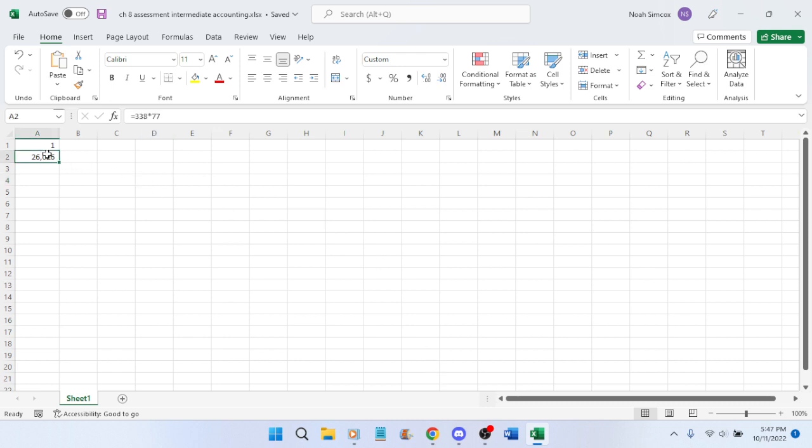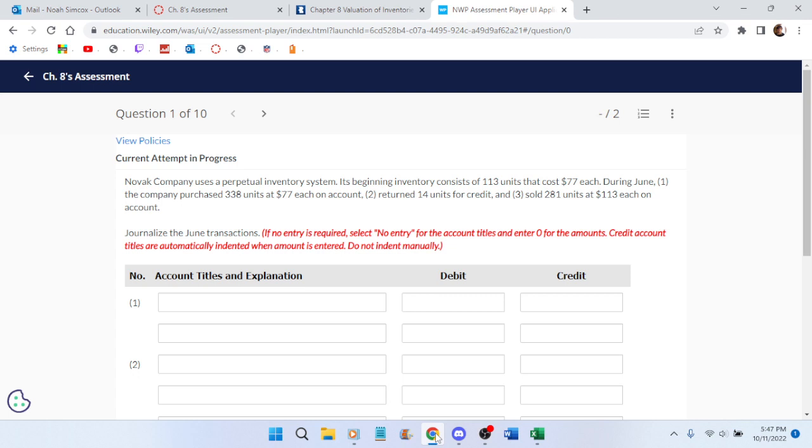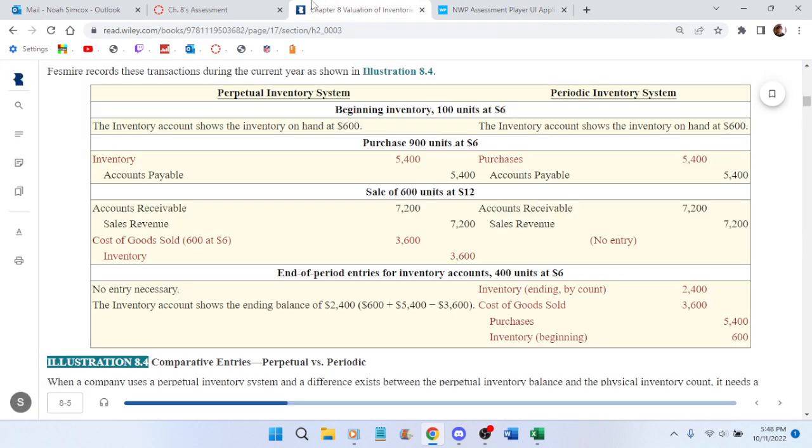Because you purchased 338 times 77. Okay, so we don't need to record beginning inventory because it's nothing. We don't care about beginning inventory because the periodic system cares. This one doesn't. Now the end of period entry.